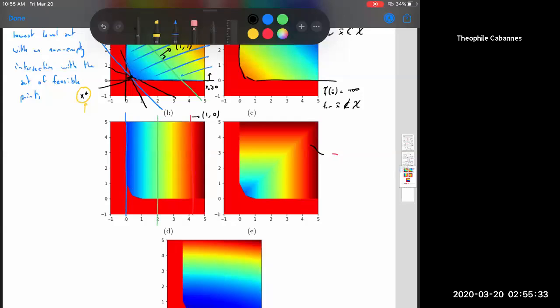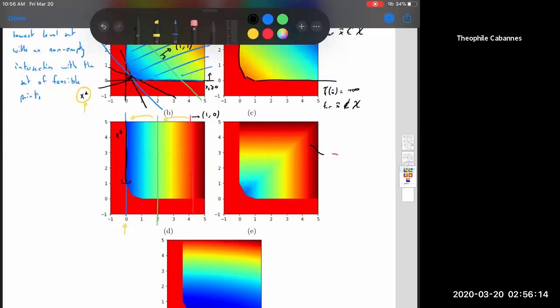So if you want to minimize, you will move the level sets this way until the intersection between the level set and the feasible points is not empty, and the last one would be this one here. And so we might guess that the set of optimal points are those points.